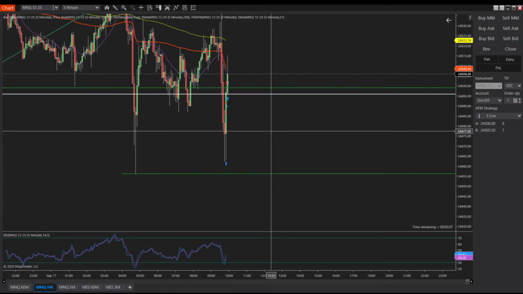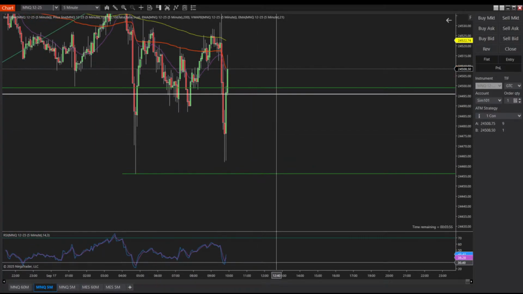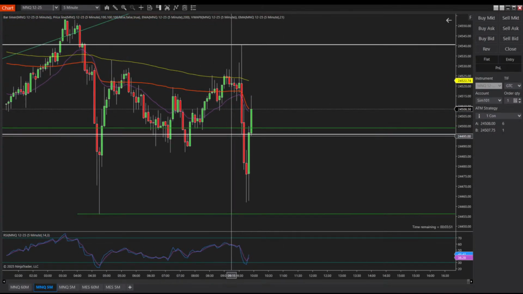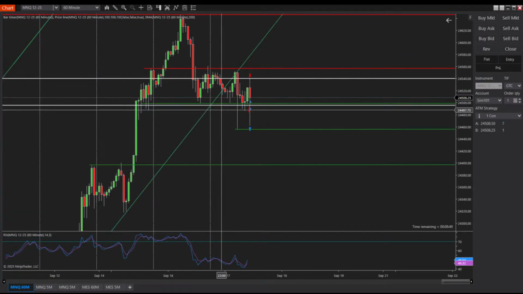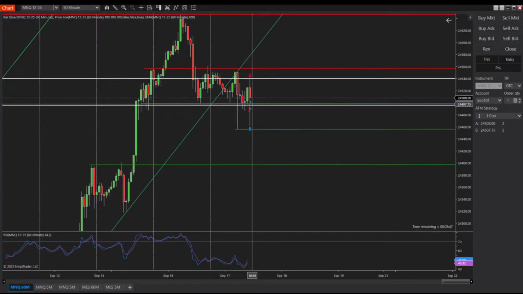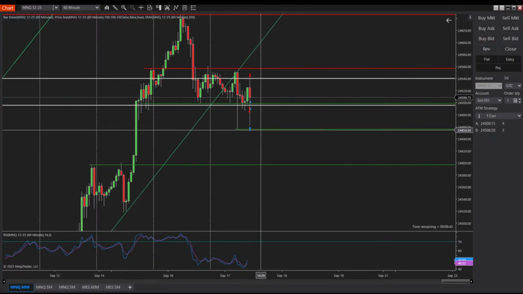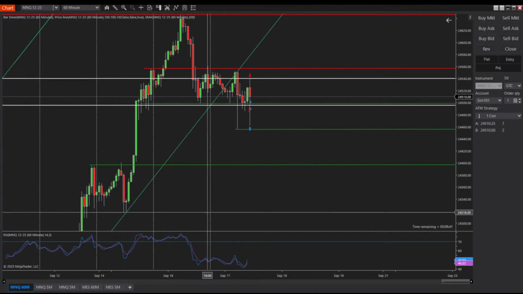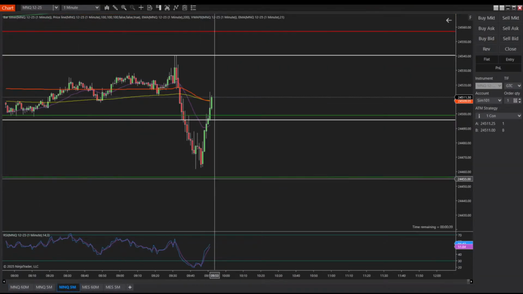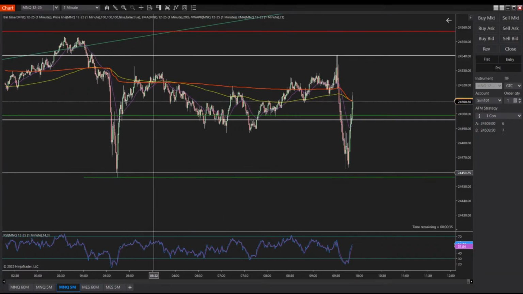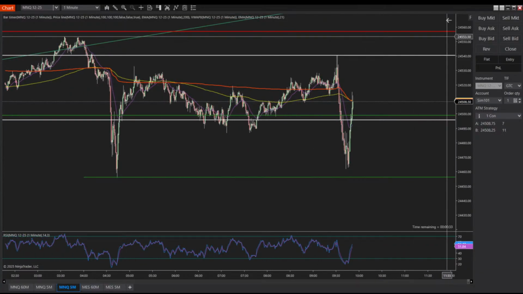Okay, let's remove these. There we go. Then we've got a clear view. So we broke below that support on the hourly, and then we wicked back up again. Still a lot of buyers down here. I was expecting us to at least sweep this previous low before we reversed.